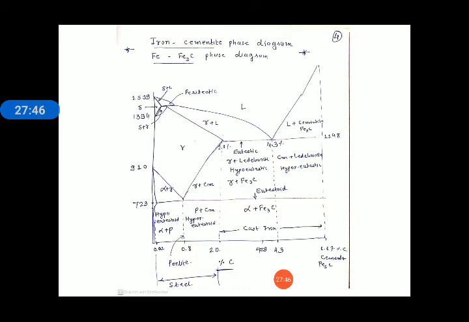So this is our iron carbon diagram, in which we have seen the different reactions. There are three basic invariant reactions.